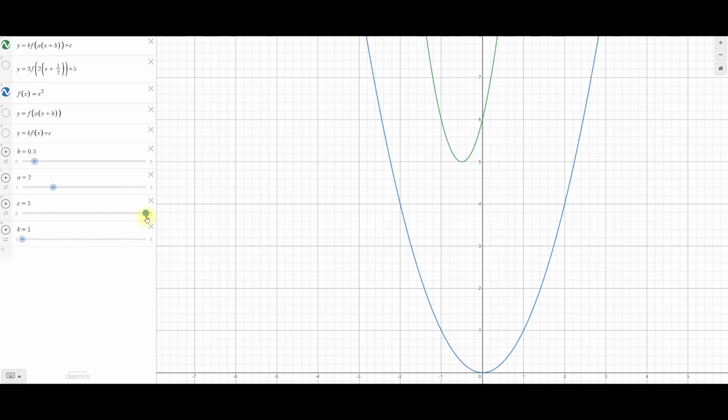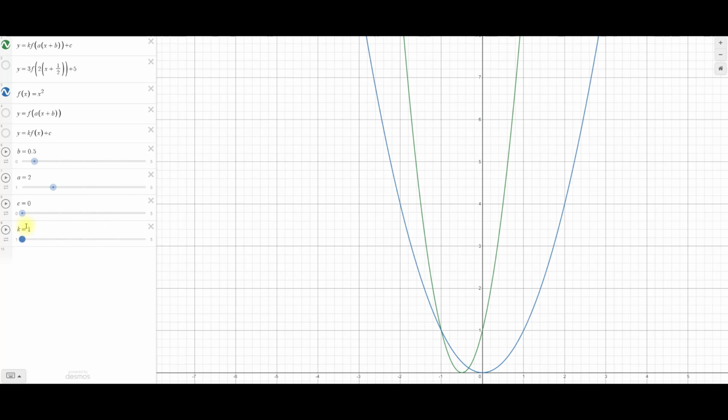Now I am just going to change the order of moving these levers. So let's do our k first, 3. Let's do our a next, which was a 2. Our b was 1/2, our c was 5. You can see we end up at the same place.